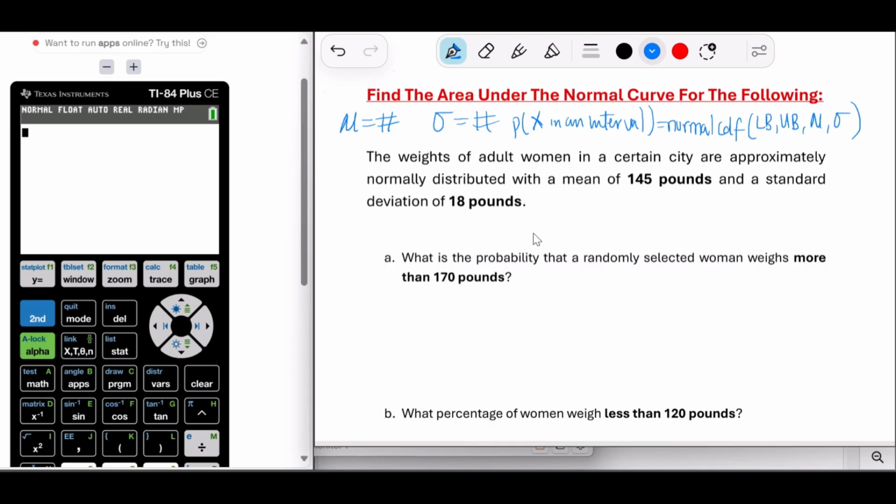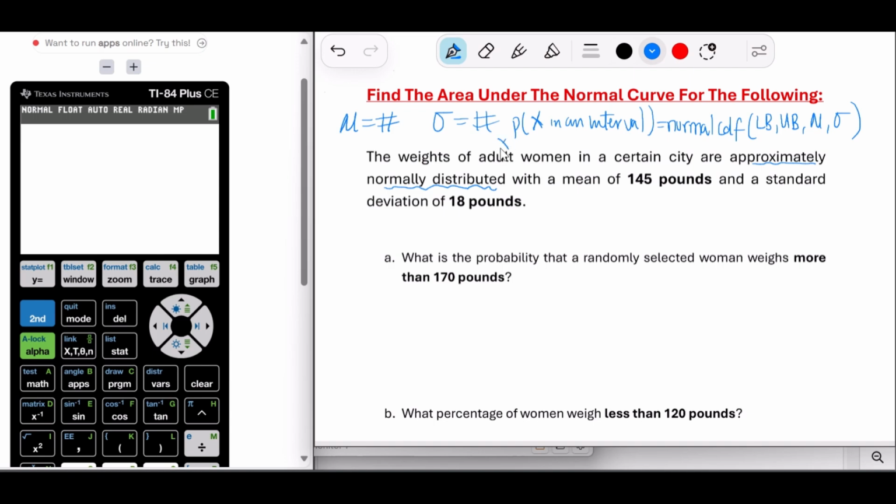Okay, so now we have this example and we want to implement these functions. The example says that the weight of adult women in a certain city are approximately normally distributed. This is very important. Here you've been given the condition that the weight of the adult women, which is your random variable, is going to represent our x.